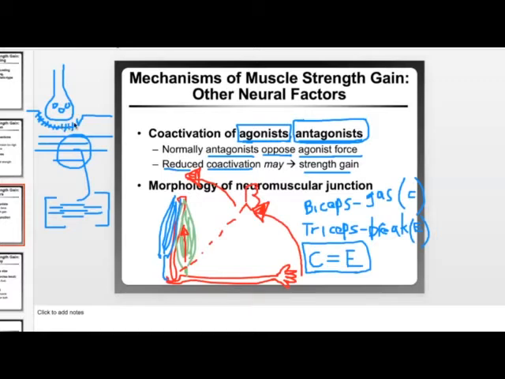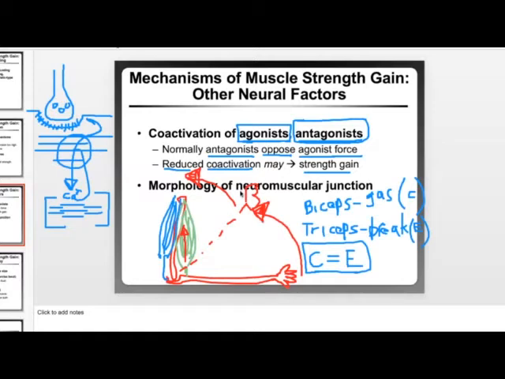level, or there's a greater increase in electrical potential here. And if there's more electrical potential, it allows for this acetylcholine to bring the action potential all the way through the sarcoplasmic reticulum, and that increases the ability to release calcium into the sarcomere.